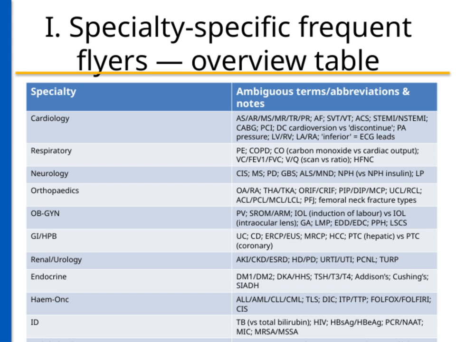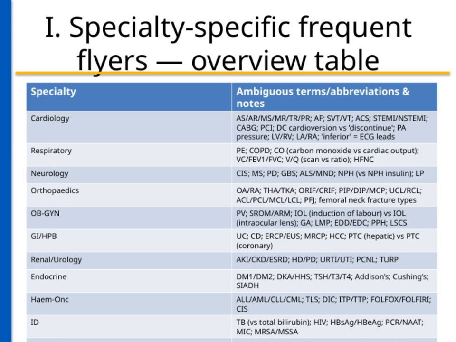AF refers to atrial fibrillation, while SVT and VT are supraventricular tachycardia and ventricular tachycardia. In the context of acute coronary syndrome, or ACS, we often differentiate between STEMI and NSTEMI. CABG stands for coronary artery bypass grafting, and PCI is percutaneous coronary intervention.